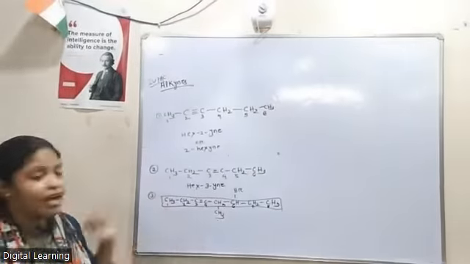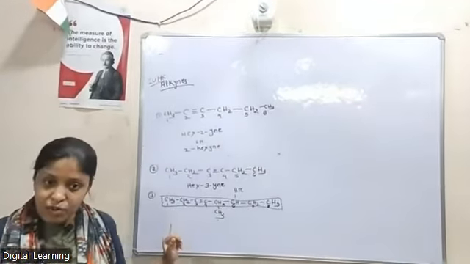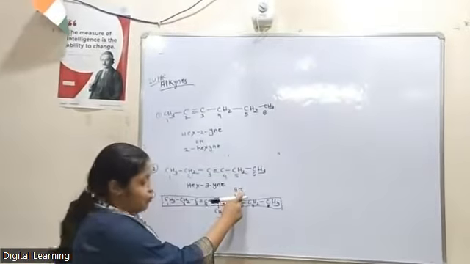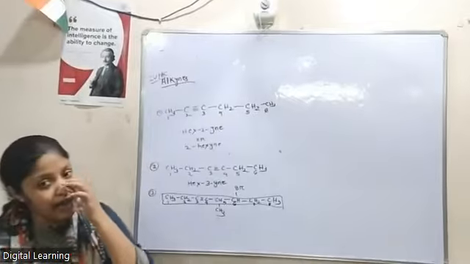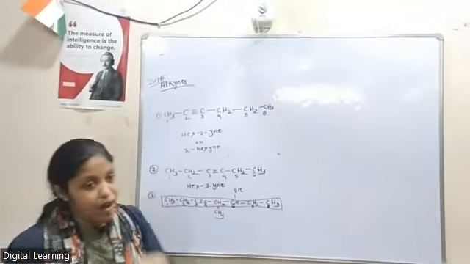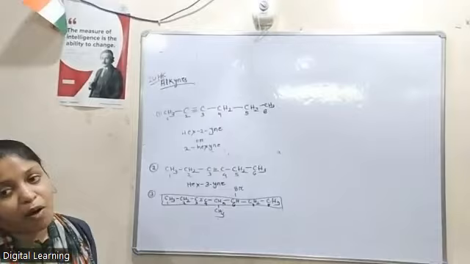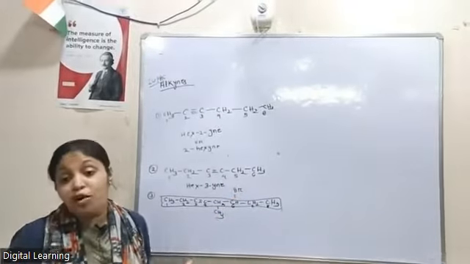Understood? Then here the prefixes are present, so we have to apply the rule. At 6 position there is a bromo group, at 5 position there is a methyl group. While writing the name, we have to write the prefixes in alphabetical order, irrespective of their position. So among methyl and bromo, which will come first?